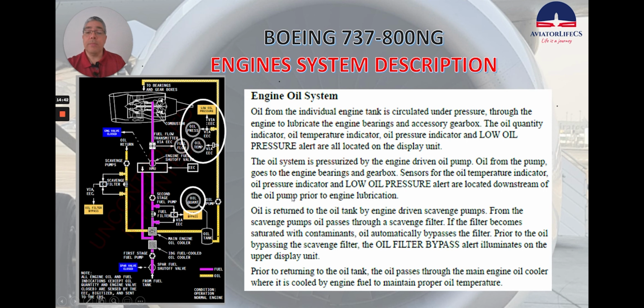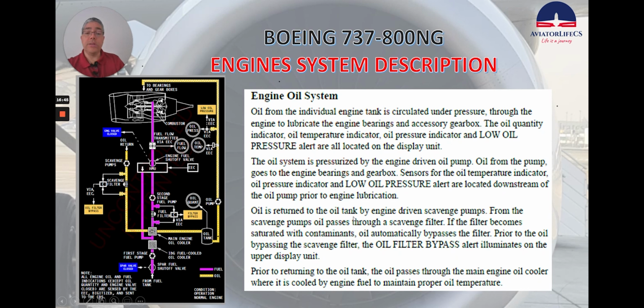The oil system is pressurized by the engine-driven oil pump. Oil from the pump goes to the engine bearings and gearbox. Sensors for the oil temperature indicator, oil pressure indicator, and low oil pressure are located downstream of the oil pump prior to engine lubrication.